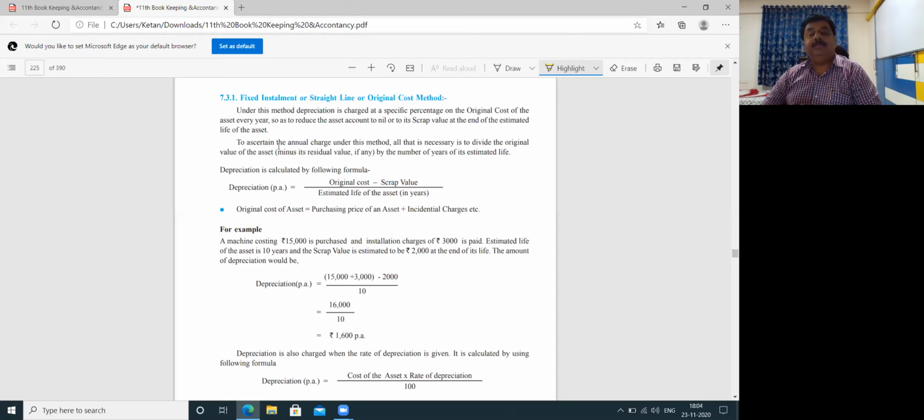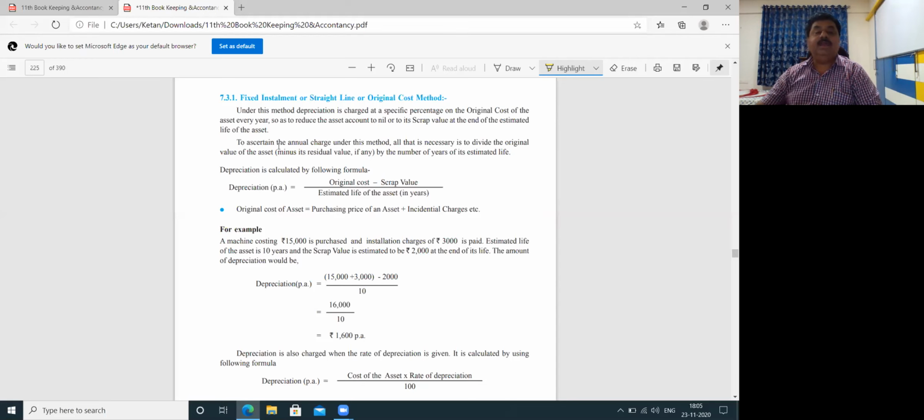Under this method, depreciation is charged at a specific percentage on the original cost of the asset every year, so as to reduce the asset account to nil or to its scrap value at the end of the estimated life of the asset.